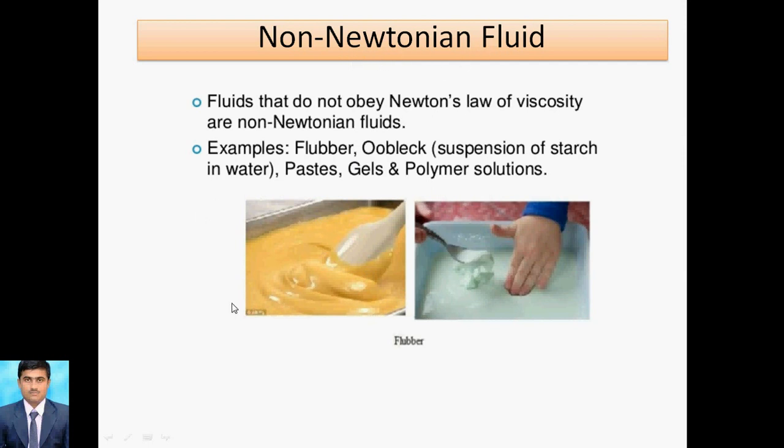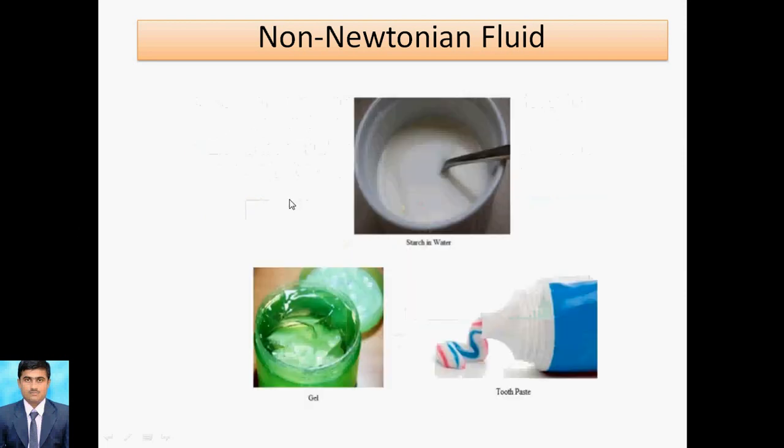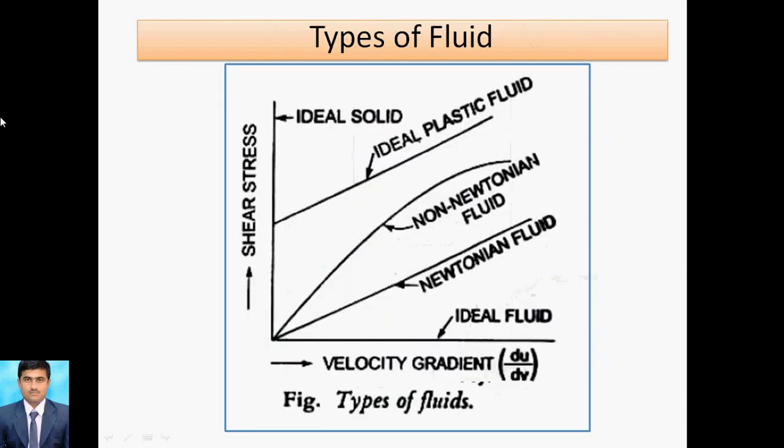If you plot the graph between shear stress and shear strain, the curve is non-linear, which means it does not obey Newton's rule. Now here are examples: gel, starch in water, toothpaste. These are non-Newtonian. Okay.